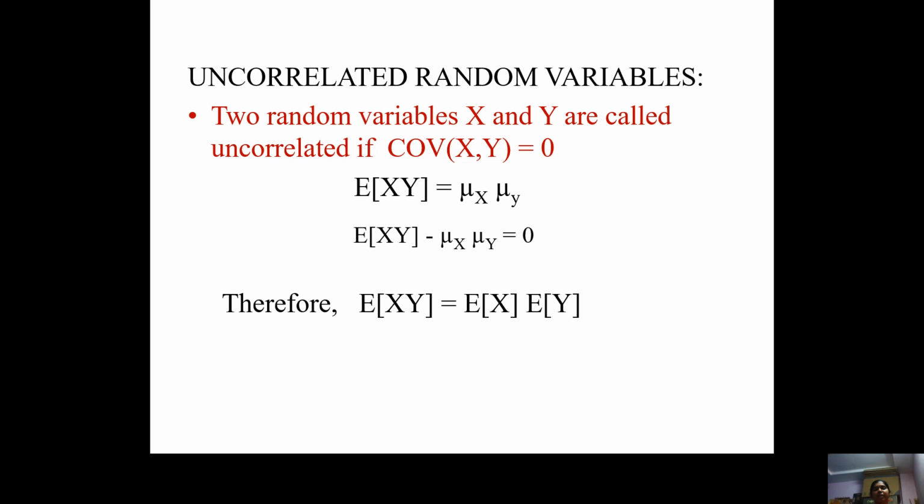Mu x is the expectation of x and mu y is the expectation of y, so E of xy equals E of x into E of y. Thus, when the random variables are uncorrelated, the expectation of xy is equal to the product of the expectation of x and the expectation of y.